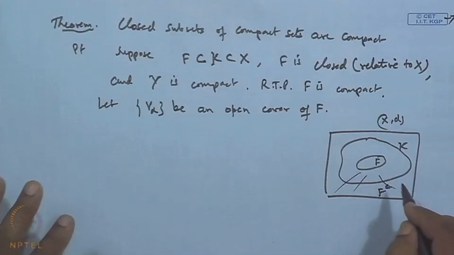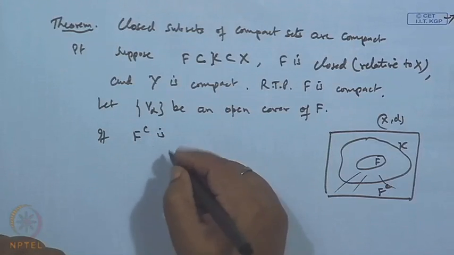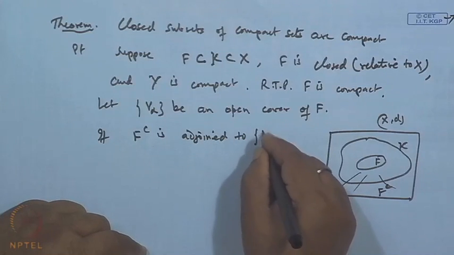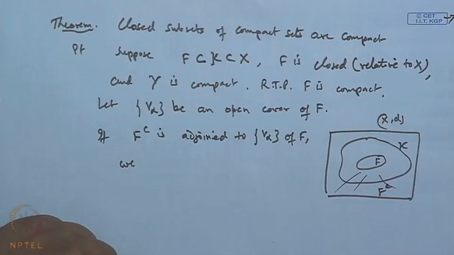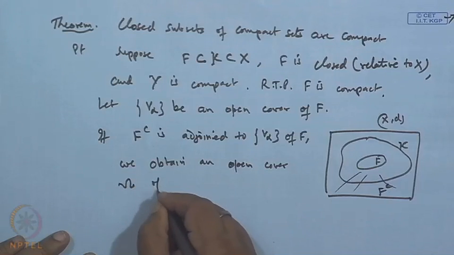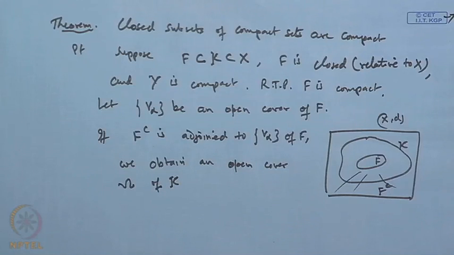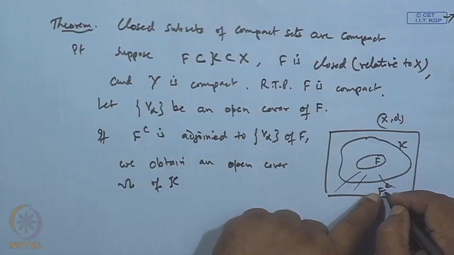So if F^c is adjoined to the open cover V alpha of F, then we obtain an open cover omega of K. This is the open cover of K. Now, some of them will definitely adjoin with this.